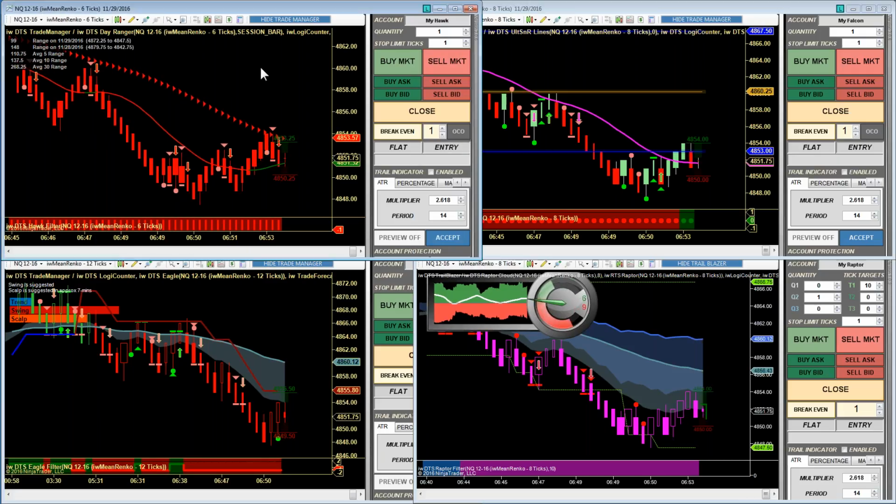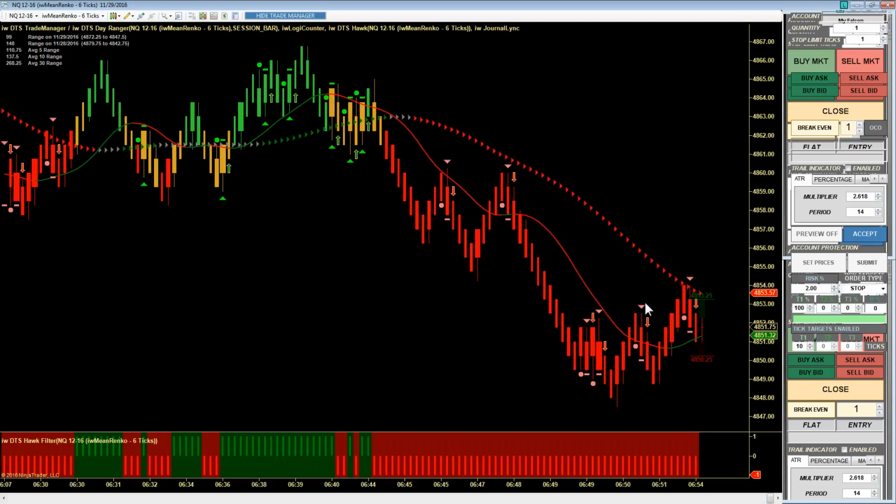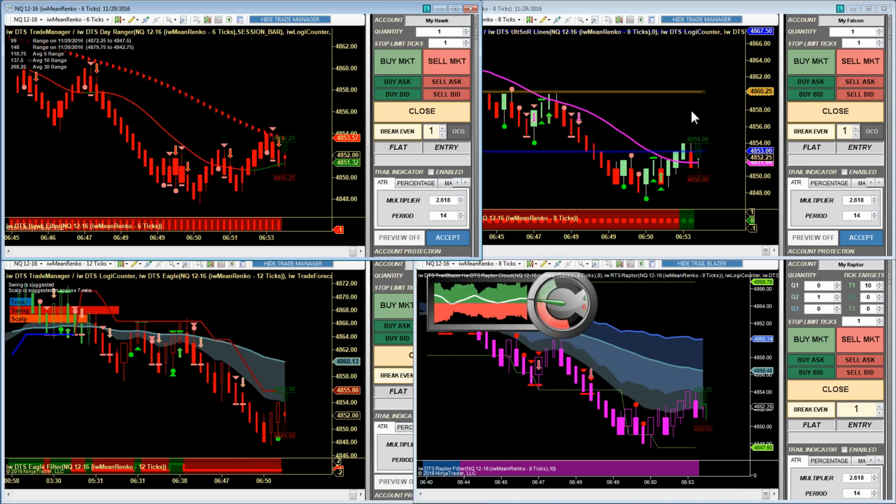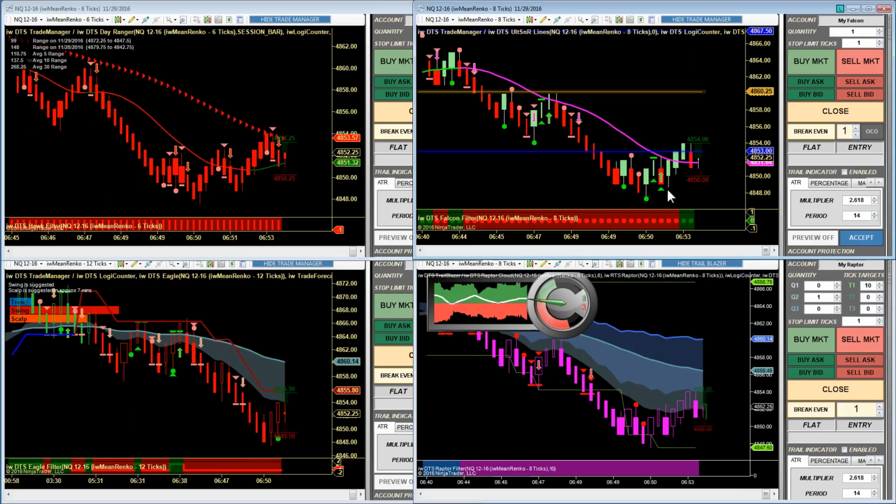Okay, here on the Hawk we have a macro pullback and a 4-arrow consolidation combined into one. We're also going to get a late filter entry signal here on the Falcon, or we should get a late filter entry signal.